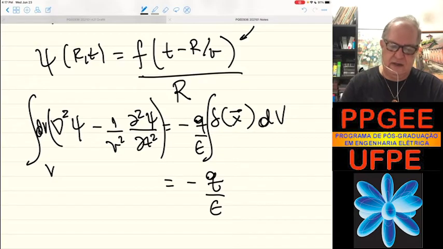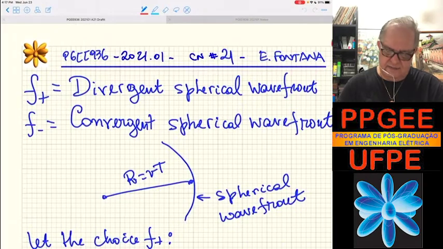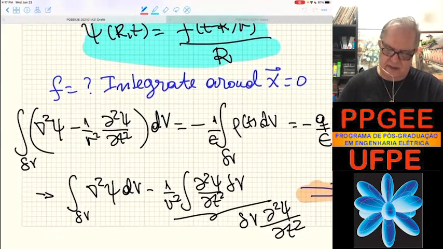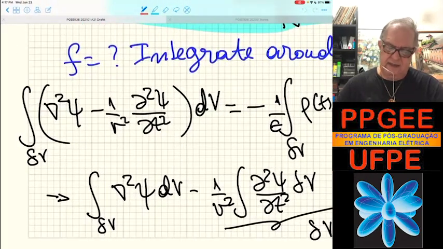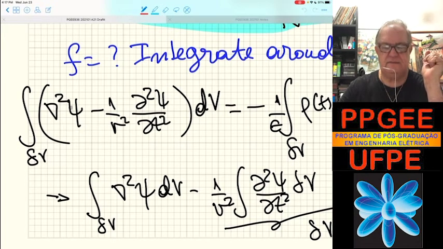So when we integrate, let me just outline that calculation. It's not complicated. We just have to consider some terms here. When we calculate the integral, we have two integrals, right? Let's consider the differential volume around the origin. So we have the integral of the Laplacian dv. Gauss's theorem is going to be used, okay?